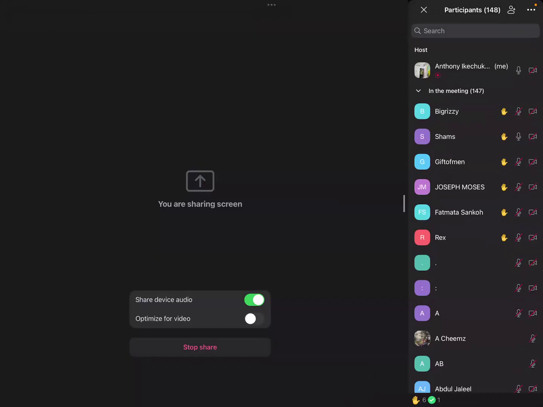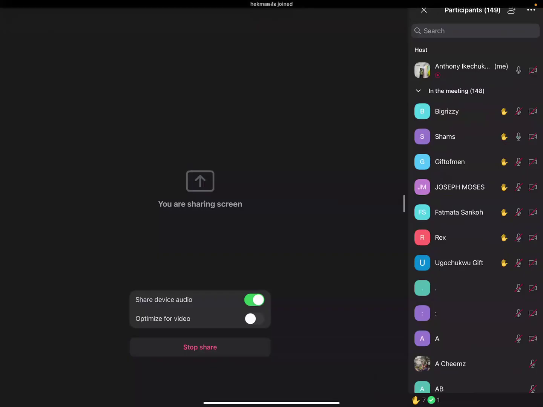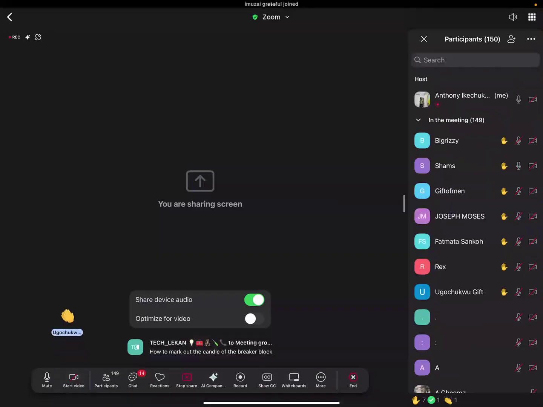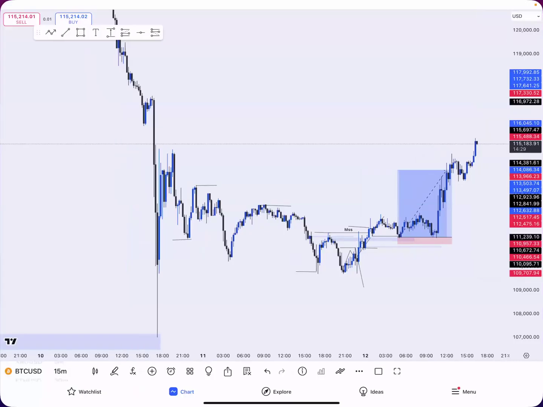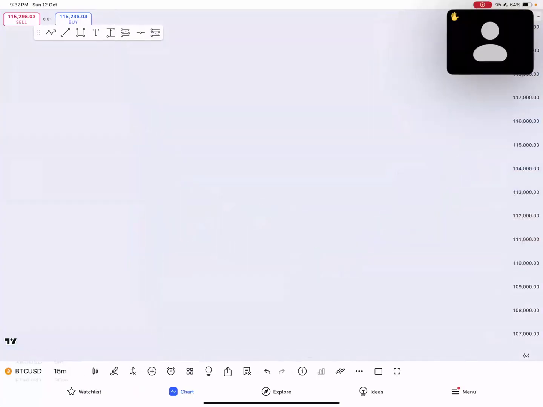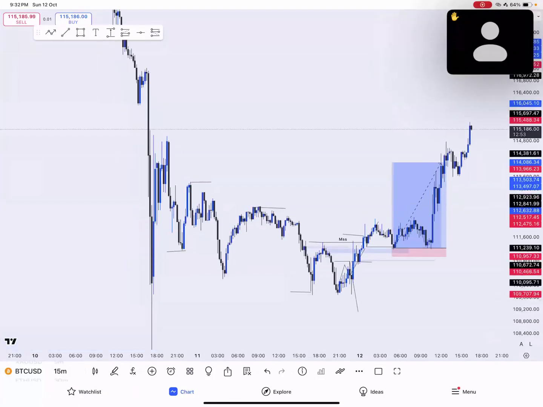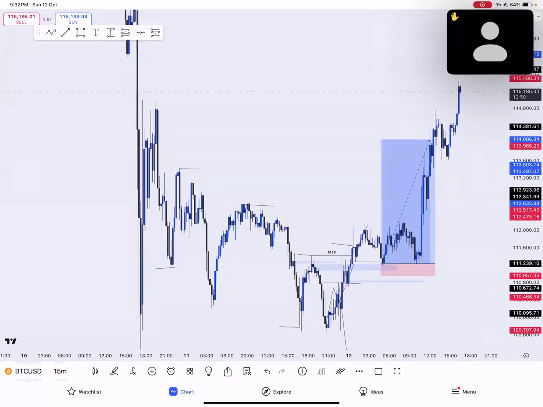Hi, can you hear me? I can hear you. Yeah, I have a question related to the double break structure. If you just go to your latest trade that you took on BTC, let's say we are looking for the continuation. Let's say we form a double break of structure and the price gave us a pullback and then it formed another double break of structure.